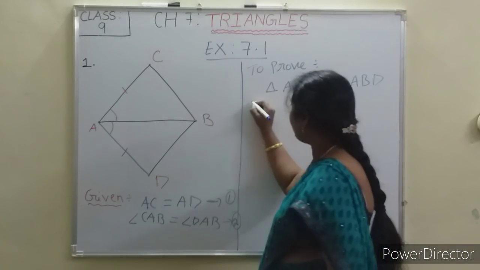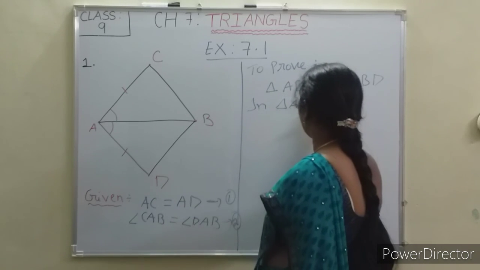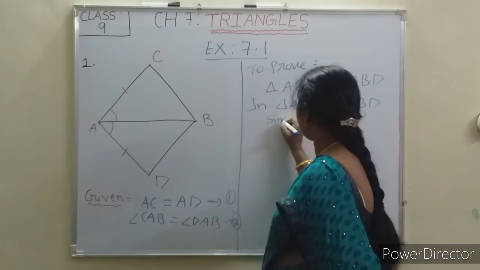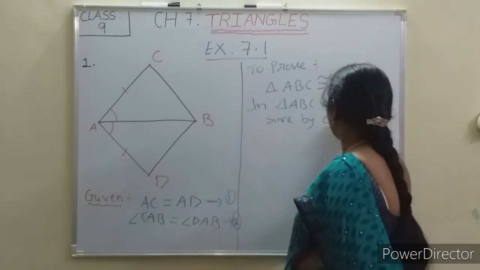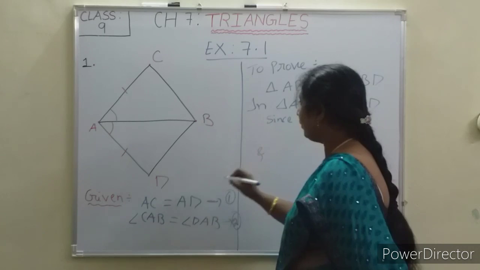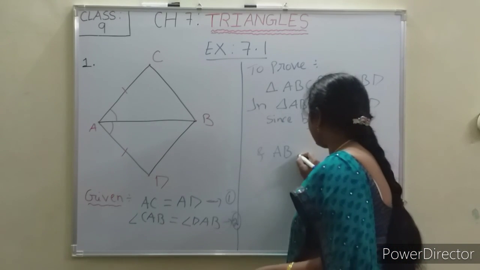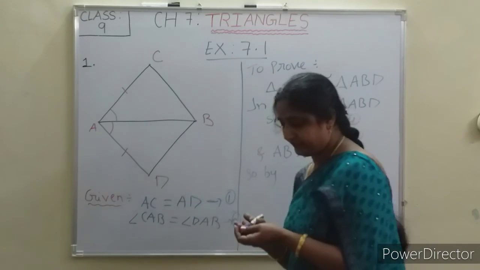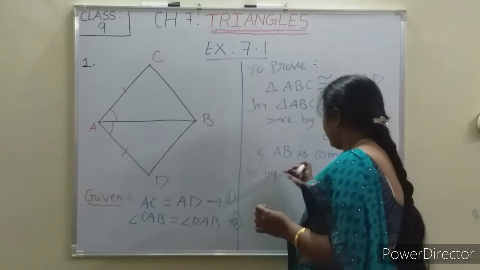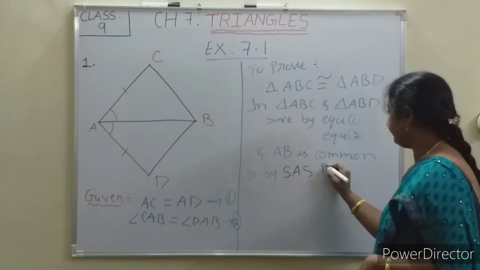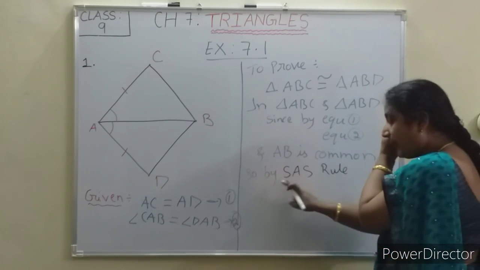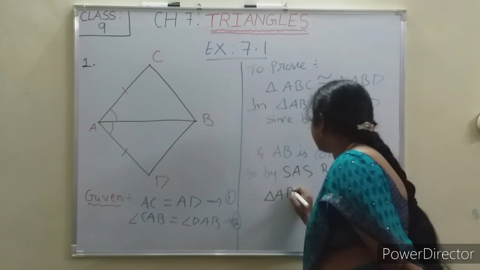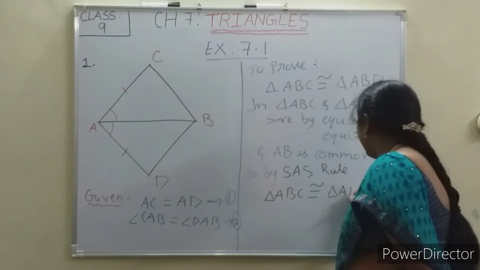Here you can write: in triangles ABC and ABD, since by equation 1 and equation 2, and AB is common, so by the SAS congruent rule, we have to write like this, we can conclude triangle ABC is congruent to triangle ABD.